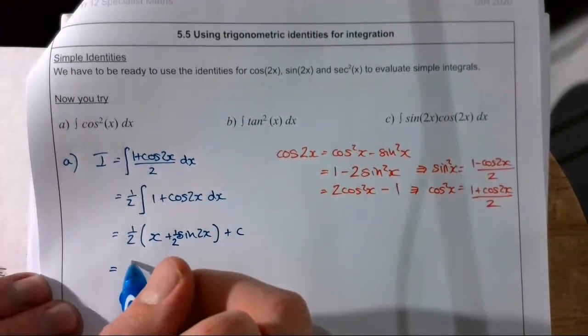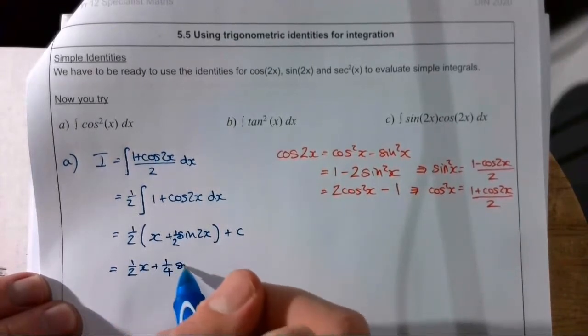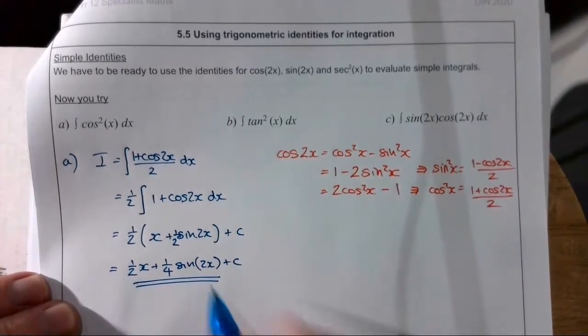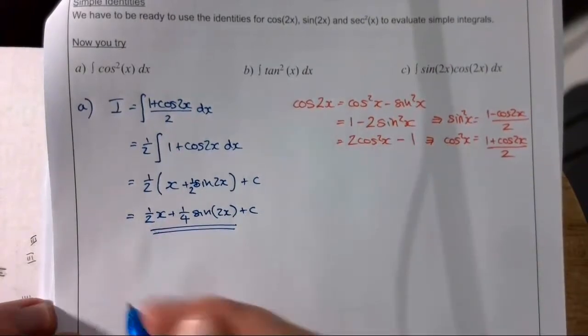So that is a half x plus a quarter sine of 2x plus c. That's how we apply this identity to help us.